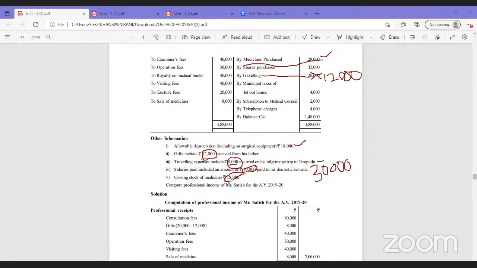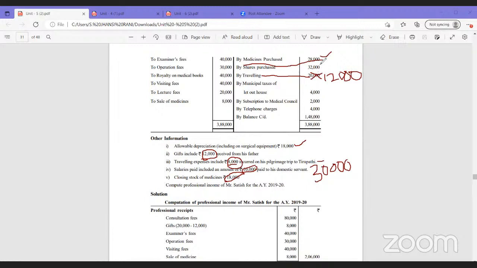So here, medicines purchased will not be taken directly as 28,000. We cannot claim both as payments.